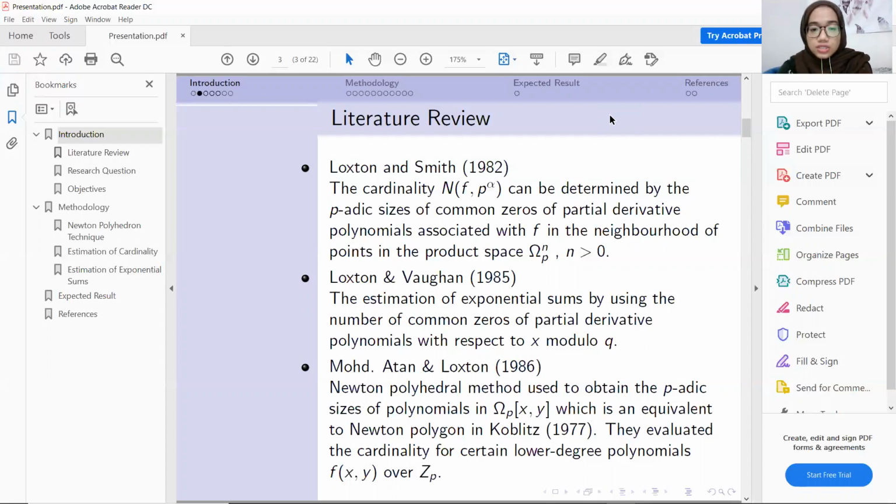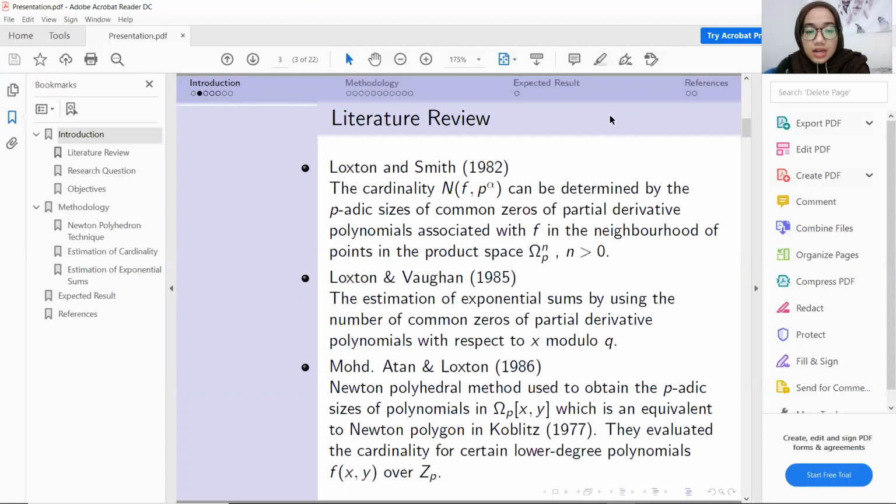And Loxton and Bogan, 1985, the estimation of exponential sums by using the number of common zeros of partial derivative polynomials with respect to x modulo q.